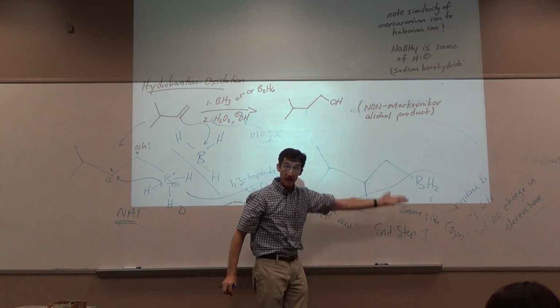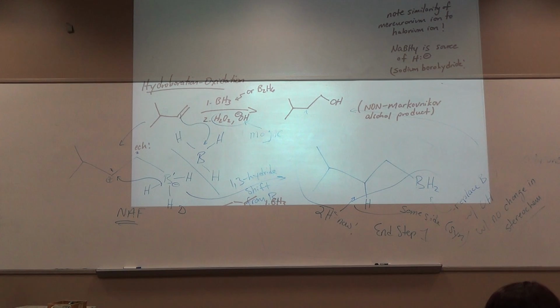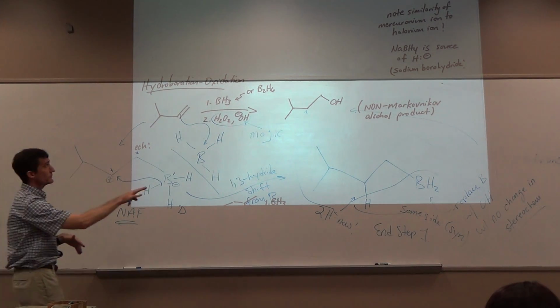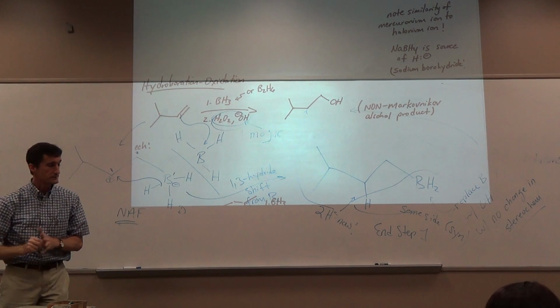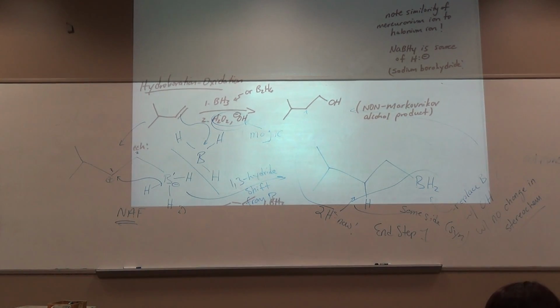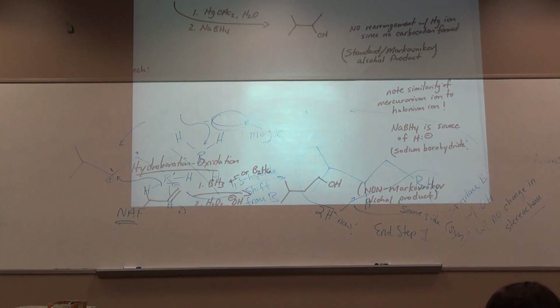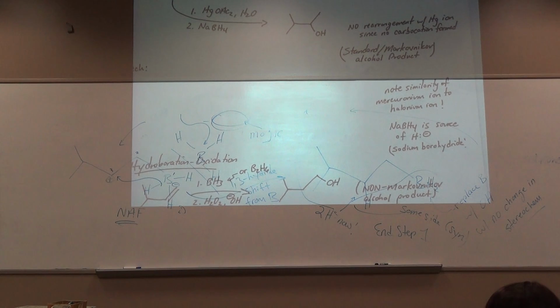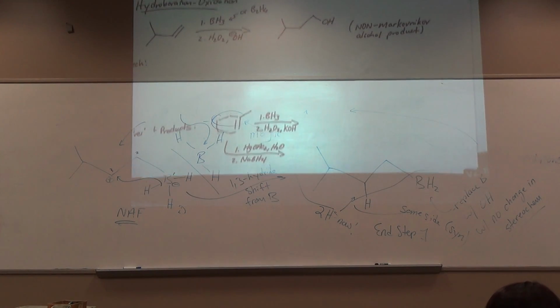That's the non-Markovnikov product, atypical. Hydroboration oxidation gives the atypical. So the magic step is oxidation. There's a lot to both of those, but really it's not complex, it's just a lot. You go through it, and these details are there.